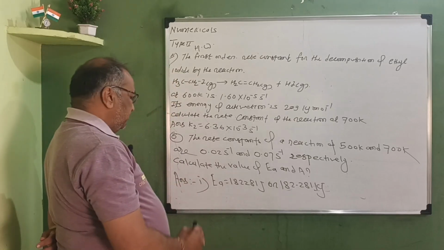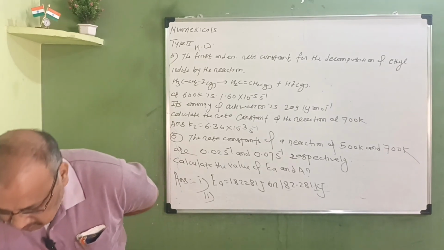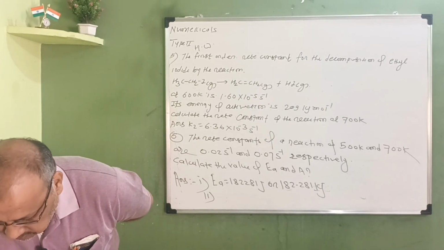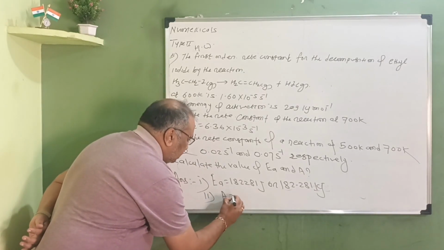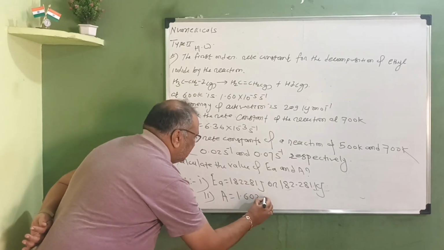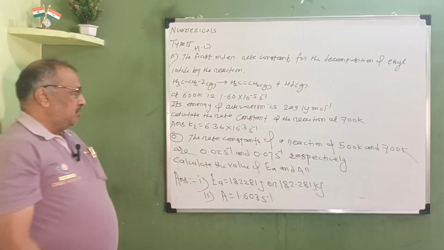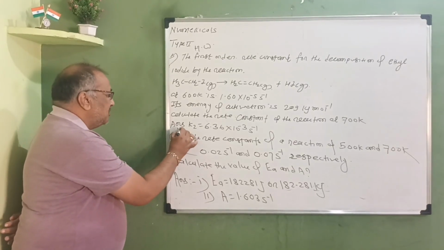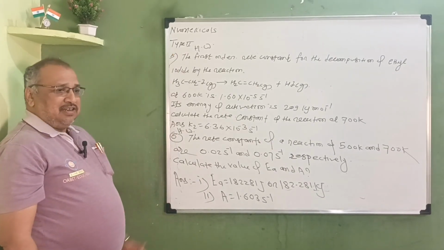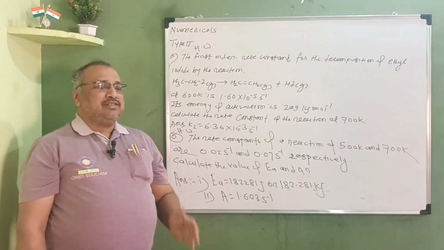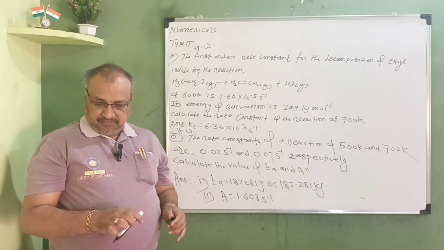And second, A is equal to 1.603 second inverse. Now this numerical is also for homework. This is regarding the numericals based on collision theory and Arrhenius equation.